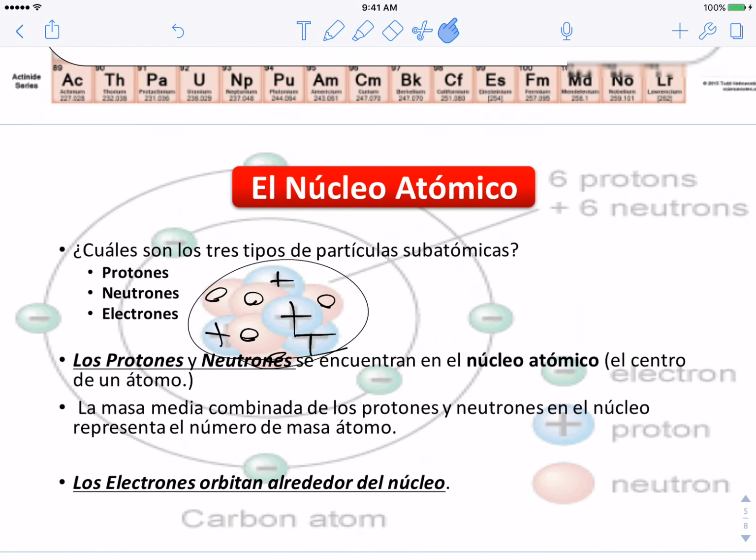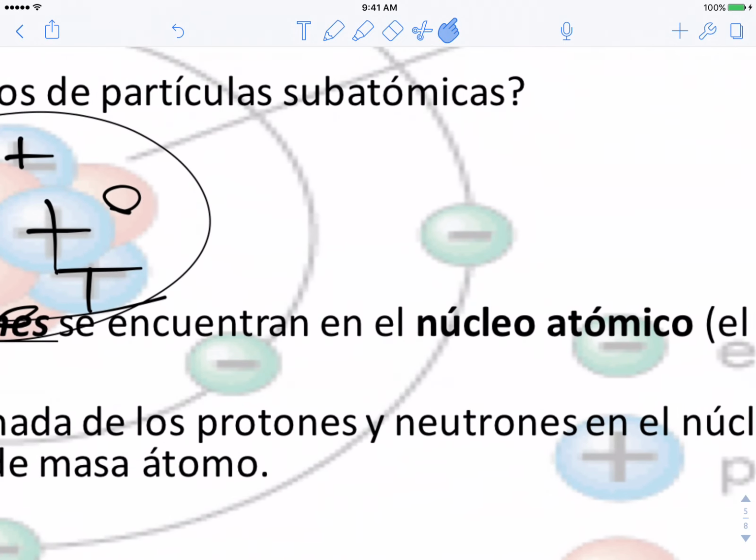And then if we zoom out, los electrones orbitan alrededor del núcleo. So if we look around the nucleus, we have electrons. Remember, electrones tienen una carga negativa.